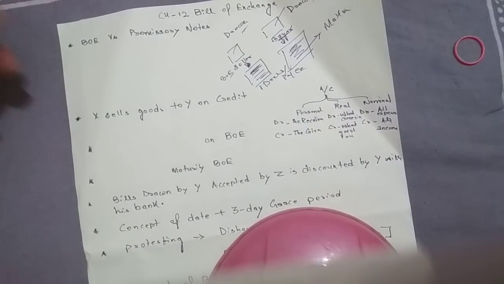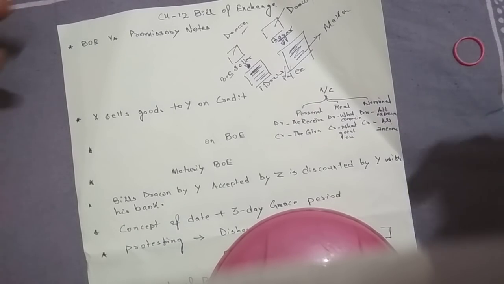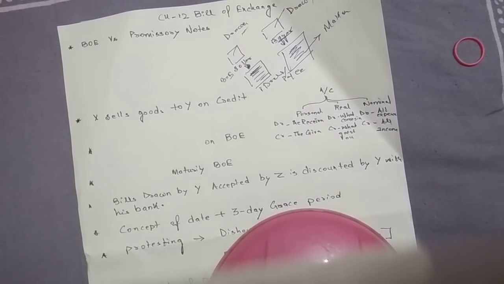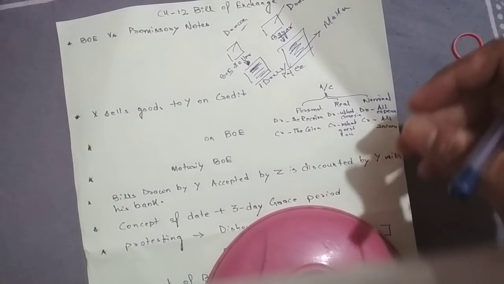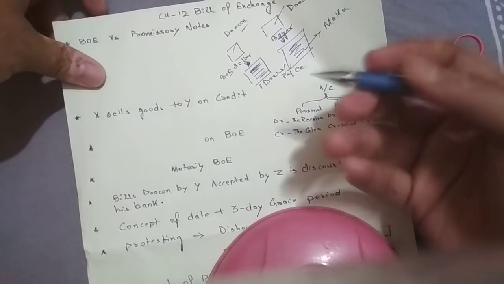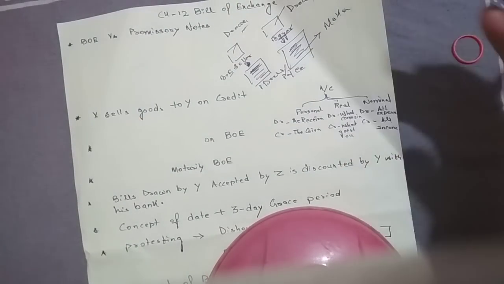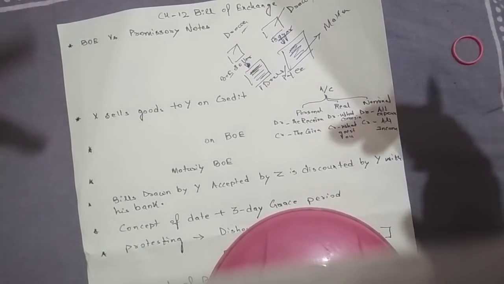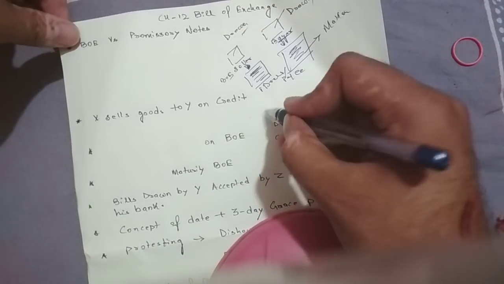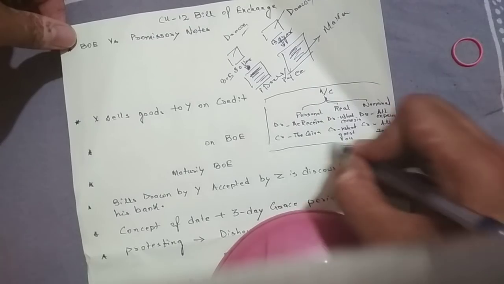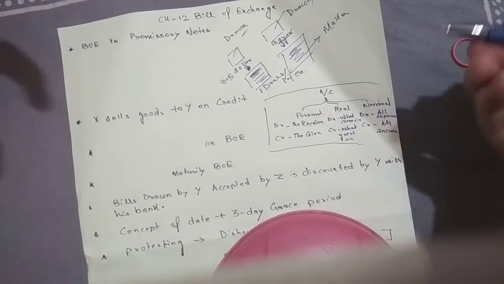Now the most important thing, that journal entries could be asked from this section. What journal entries could be made for those particular transactions? As I told you in the previous chapter as well, these chapters are nothing but an application of the previous chapters. So the application of the journal entries concept will be applied.